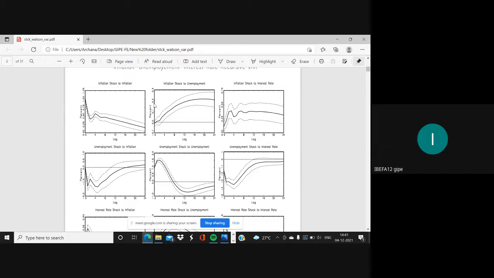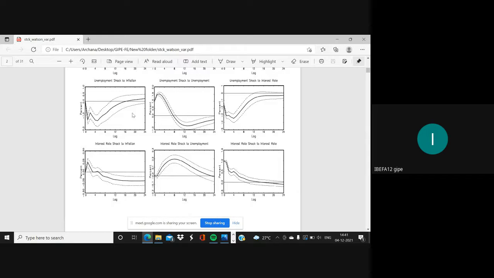So we are seeing the percentage change in unemployment as the shock is being transmitted over several time periods. Now this is our wt variable, the interest rate. Again, it's a 1 unit change in epsilon yt itself, and we are seeing the effect of that shock on the interest rate over several time periods.